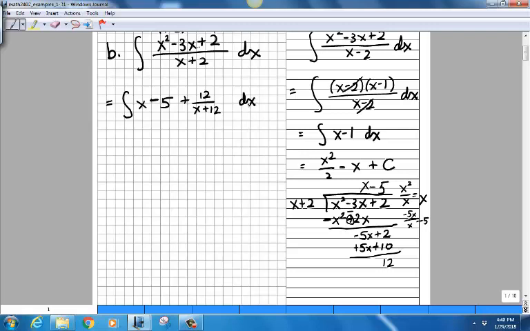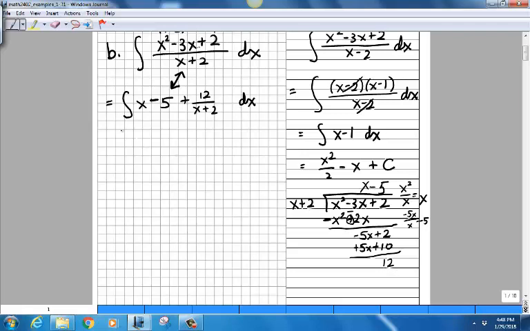That's the same as the original rational expression. So I claim that x squared minus 3x plus 2 over x plus 2 is the same as x minus 5 plus 12 over x plus 2. I wrote down 12 there because I was getting carried away, but that's x plus 2, right? Take the remainder and divide it by the original divisor.